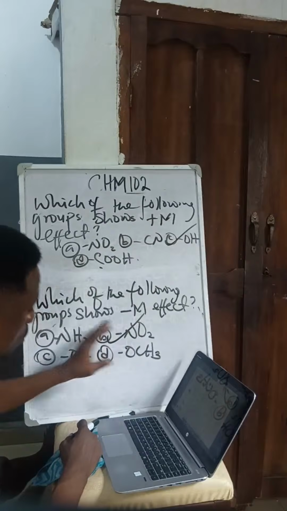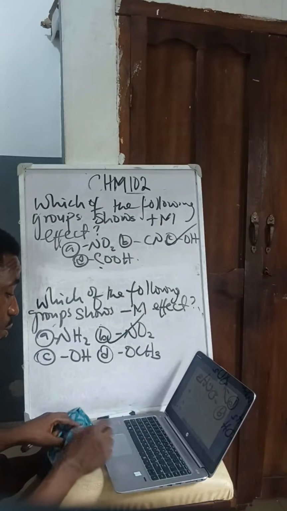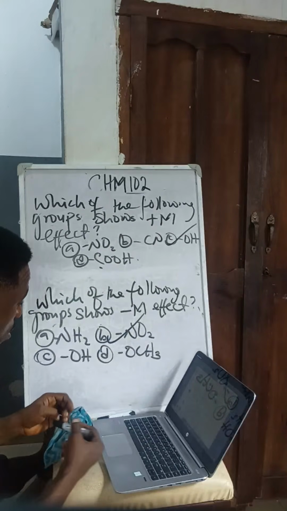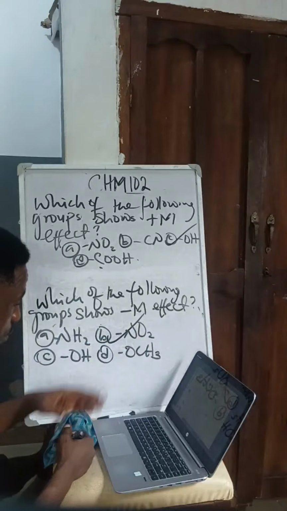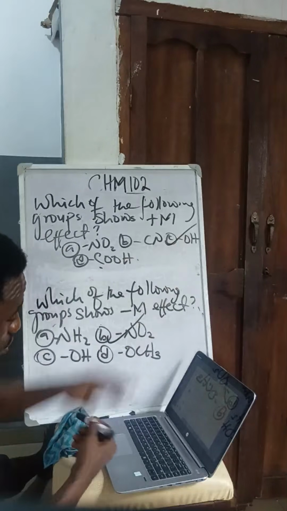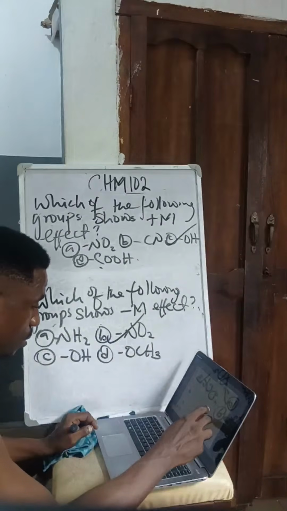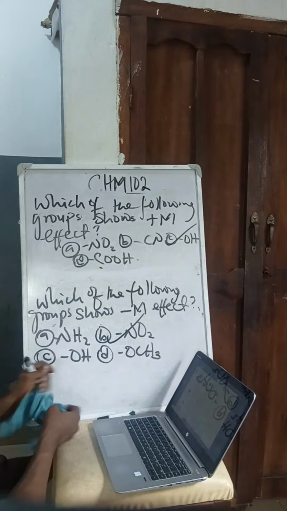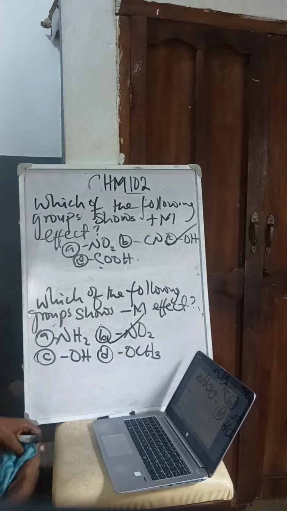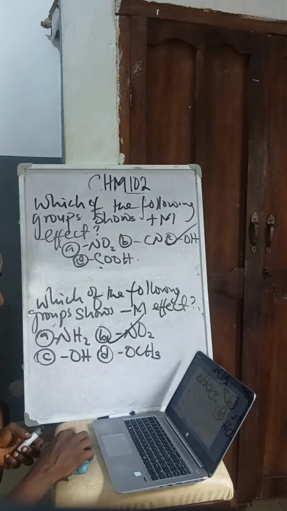Electron donating group, electron withdrawing group. So this is electron withdrawing group, electron donating group. So you go back to your, the mesomeric, is it permanent or temporary?